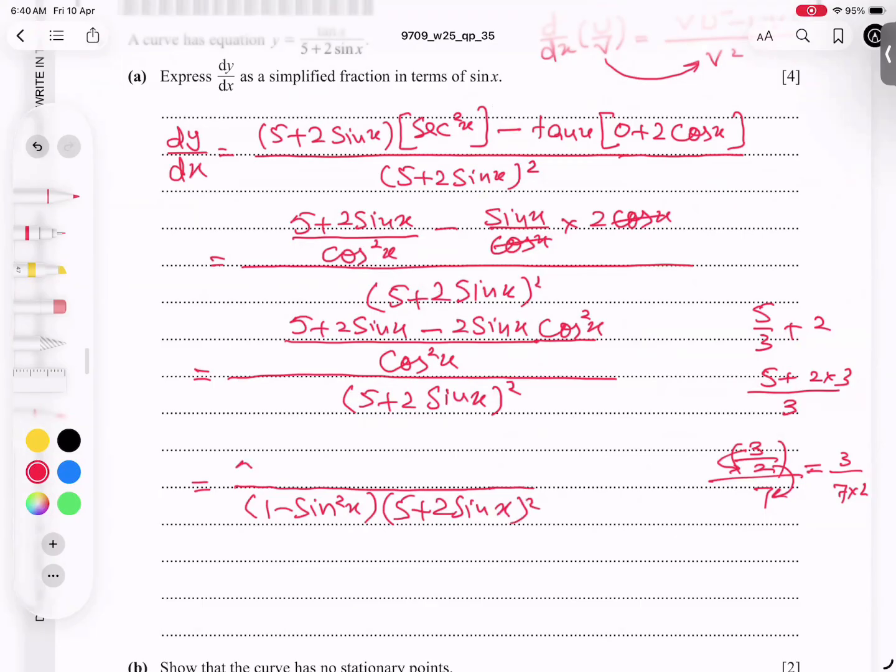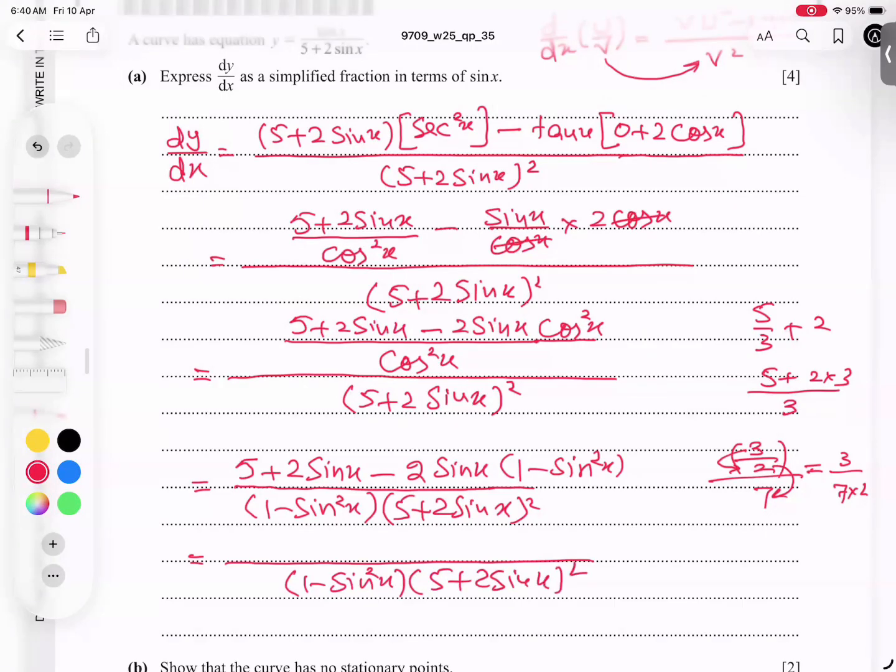Now this is done. This is okay. But what's the cos squared value? 1 minus sine squared. So I'm going to finalize the answer now. Down in the denominator, 1 minus sine squared, I'm leaving as it is, and (5 plus 2 sin x) whole squared.